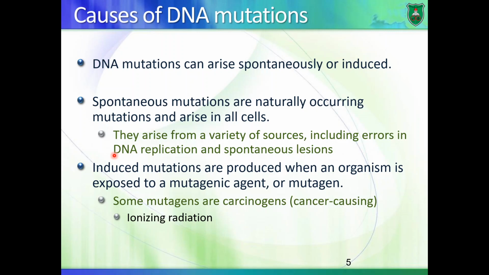What we mean by carcinogens is that they also cause cancer. Some mutagens are carcinogens, but we all know that all carcinogens are mutagens. Ionizing radiation is a common source for DNA mutations as well. UV light from the sun is mutagenic as well.